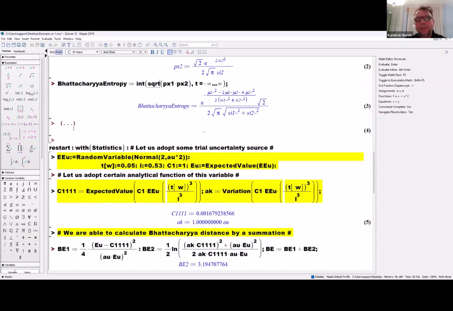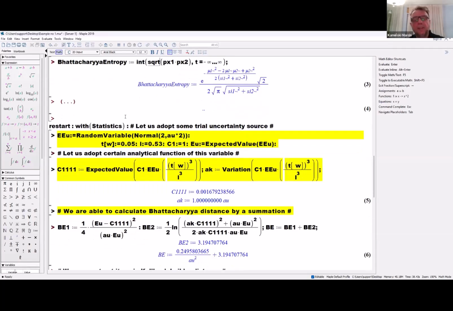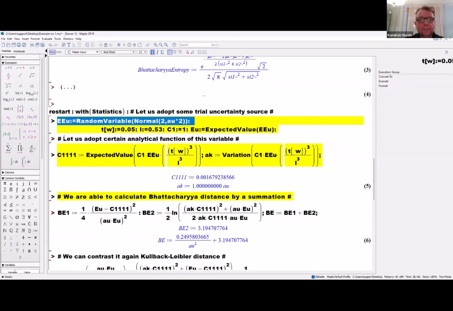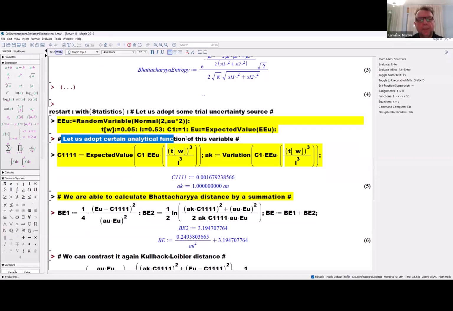Okay, we can treat this problem from the first look in this way, that we have some analytical solution. So we have some algebraic equation, and without the proof, we can, let's say, implement it in some reliability analysis. Therefore, for some illustration of what we could expect, we have random variable with normal distribution, and then we adopt some analytical function of this variable.